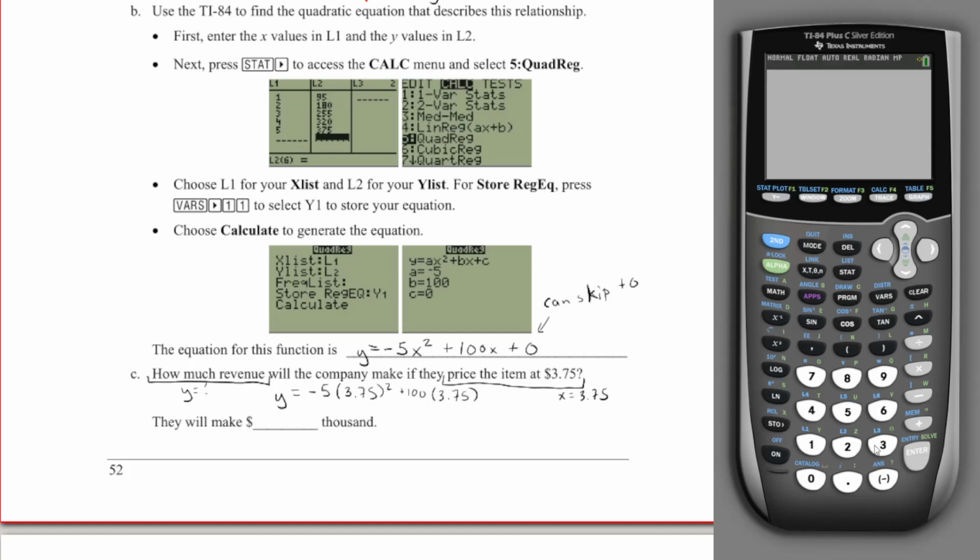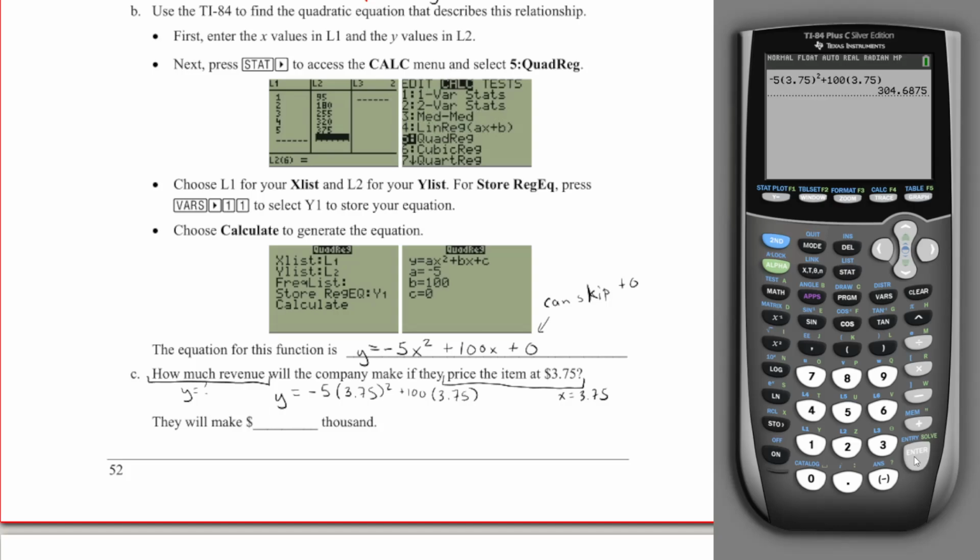So we'll say negative 5 times 3.75 squared plus 100 times 3.75.